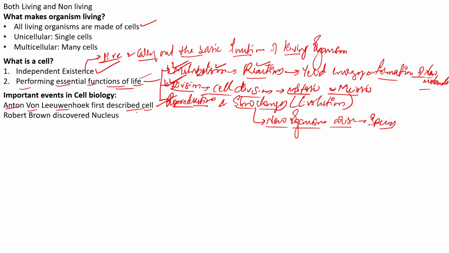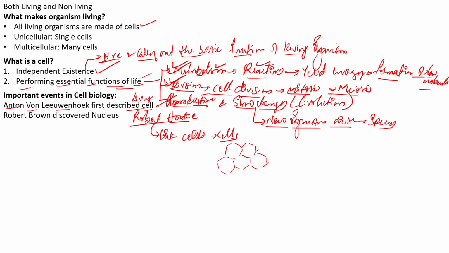However, we also hear of another scientist, Robert Hooke, who observed cork cells and coined the term cell. He observed empty hexagonal chambers somewhat similar to cells, hence he called them cells.